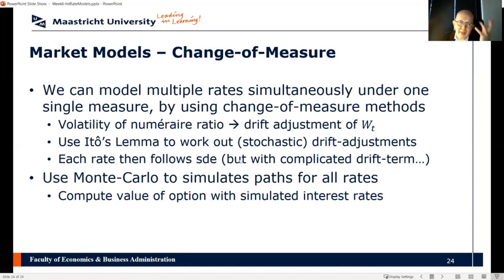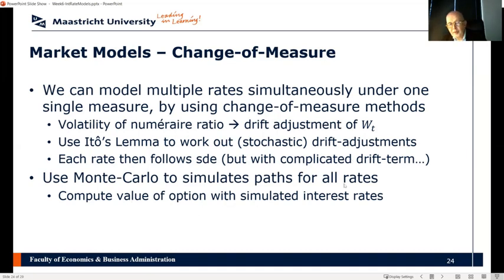But the price that I'm paying for this in these market models is that the drift terms become fairly complicated. But I do know the stochastic differential equations explicitly. And if I know the stochastic differential equations for all the interest rates, I can then use Monte Carlo simulation to simulate paths for all these interest rates with these complicated drift terms.